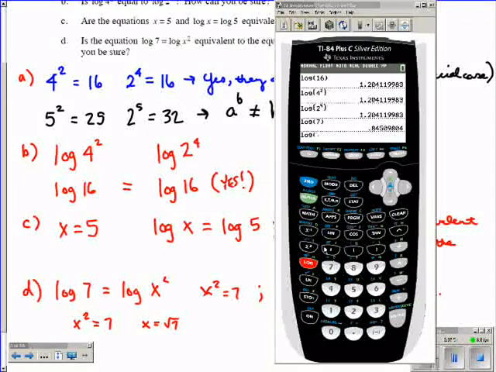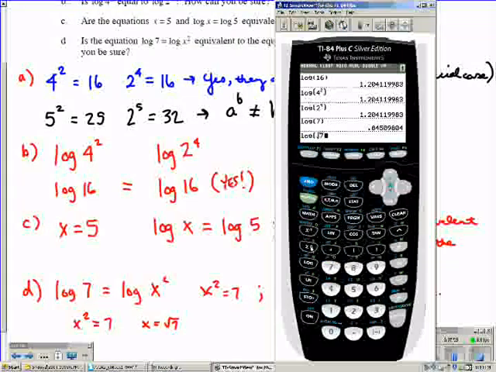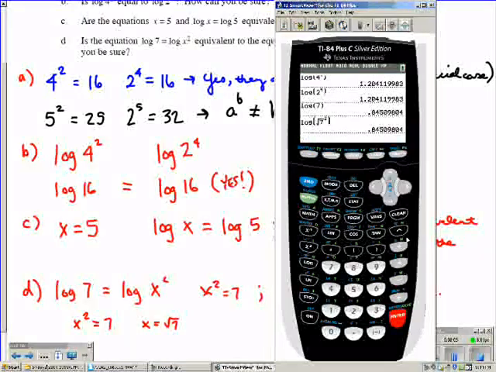So let's do the log of the square root of 7, and let's square it. And we should get the same answer. So that's a great way to verify it there. So we've verified it there.